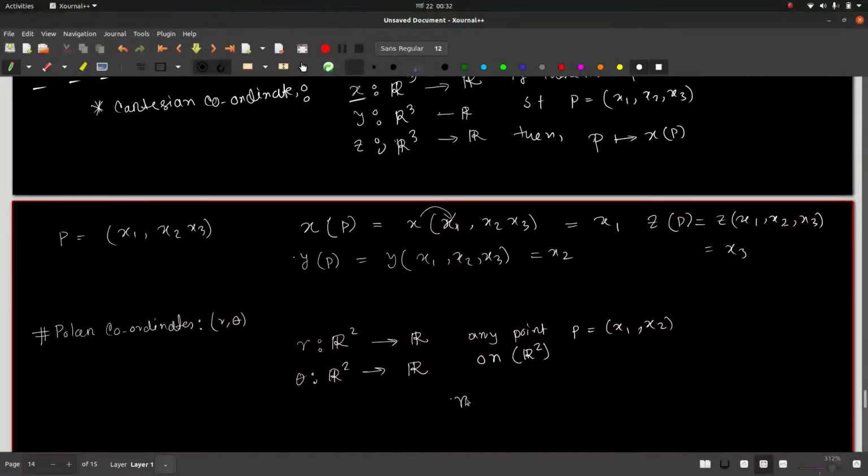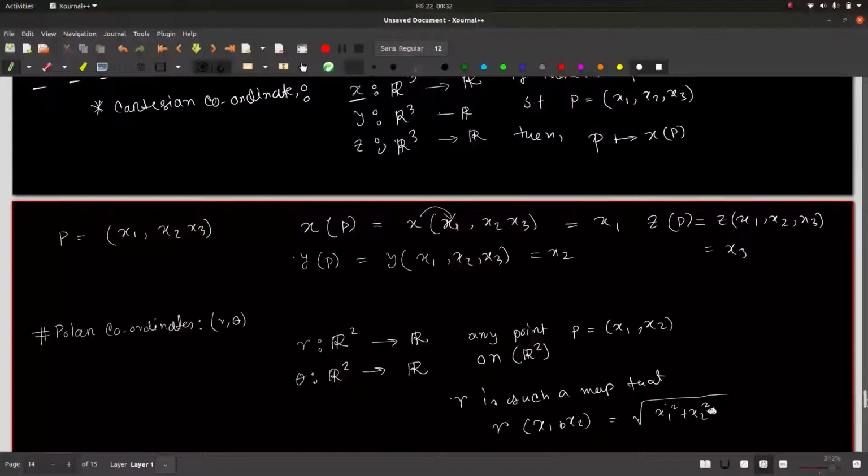R squared is denoted by this x1 and x2, right? So r is such a map that when acted over this point P, it takes both of these entries, squares them, adds them, and finally takes the square root.